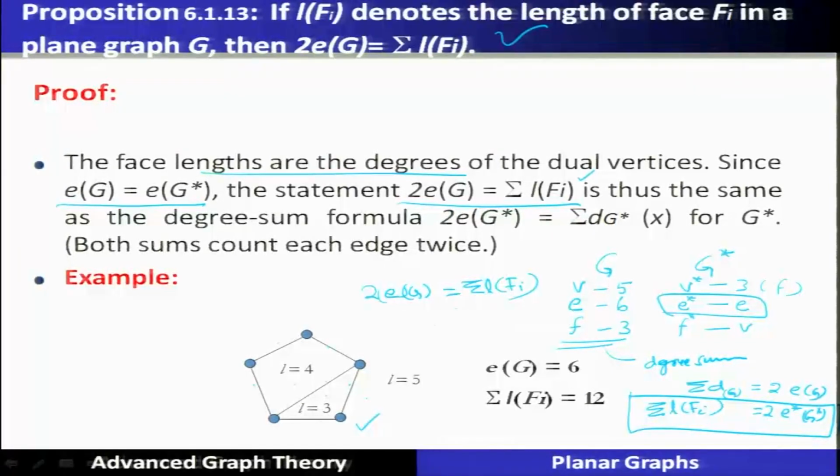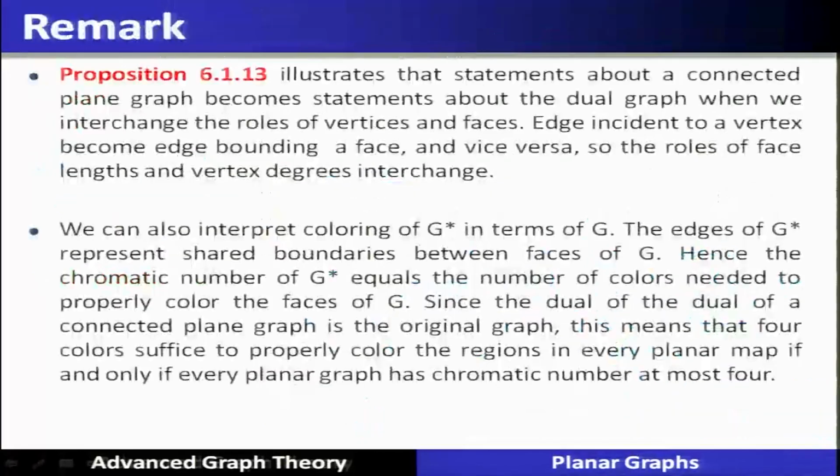So this is going to be equal to the degree sum formula, because E is the same for the dual graph, and the sum of the lengths of faces is nothing but the degrees of the dual graph.